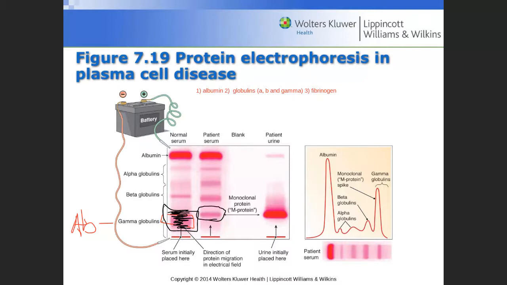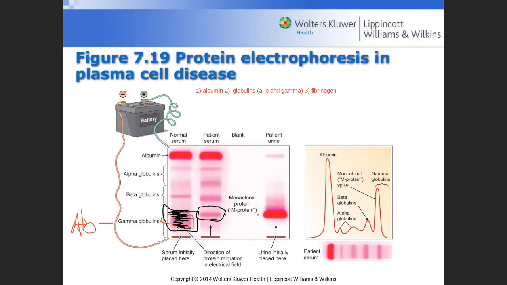Now, you only see this in a cancer patient, particularly a patient who has multiple myeloma disease, which is a cancer of the plasma cell.